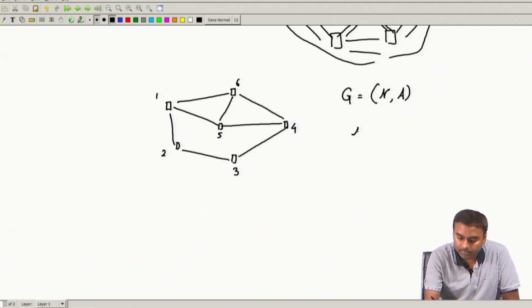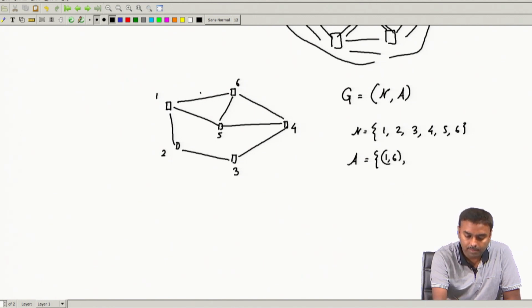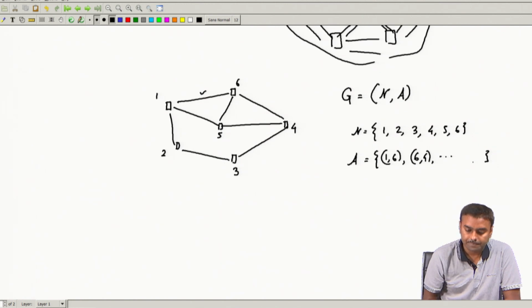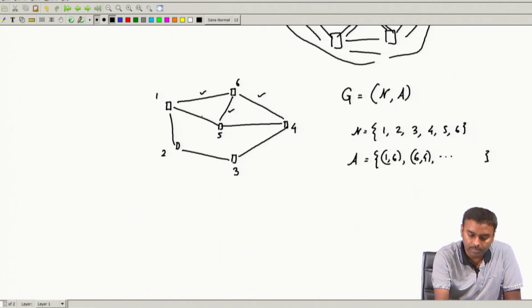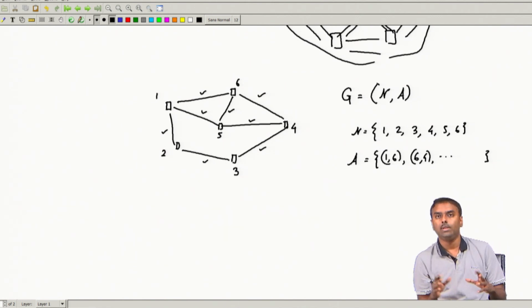The node set will be all the nodes, 1, 2, 3, 4, 5, 6, and the arc set will be all the connectivity between them, like link 1 to 6, this one, then link 6 to 4 and so on. You list all the links, all 8 links. So, 6 nodes and 8 links make the whole graph.